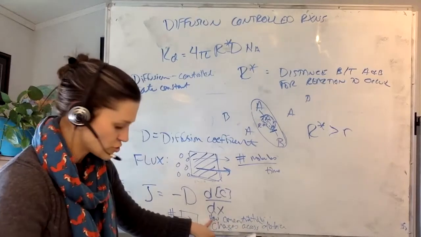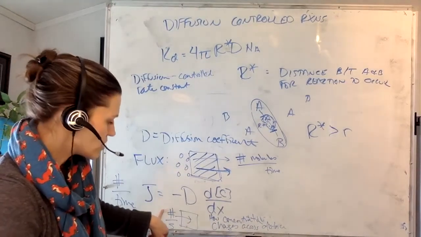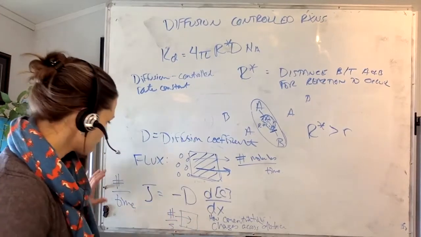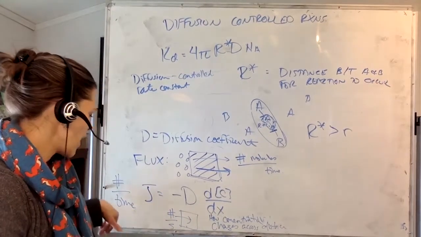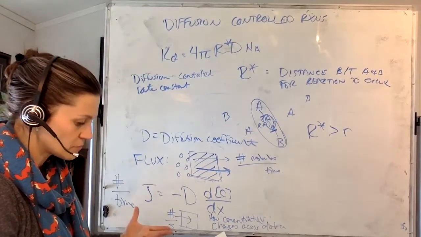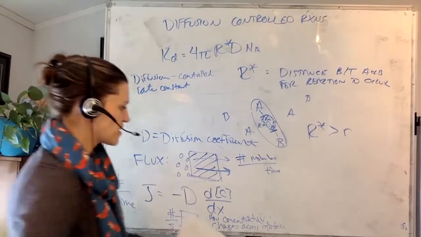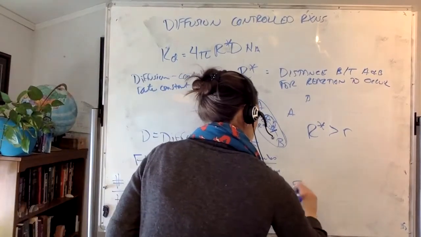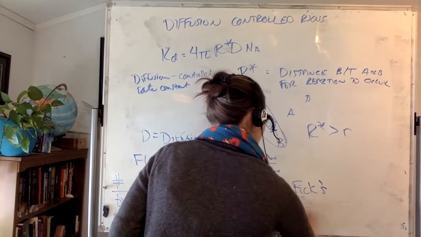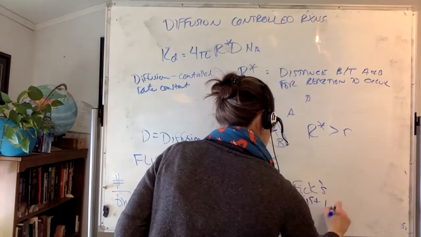So how the concentration changes across the distance, you multiply that with the diffusion coefficient, and then you get a number per time. So that is the flux of your molecules. This is known as Fick's first law. I do not know Fick's first name.